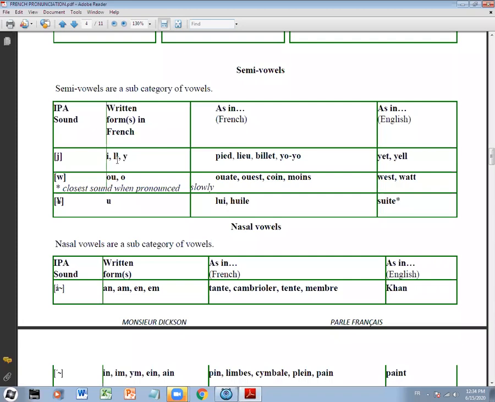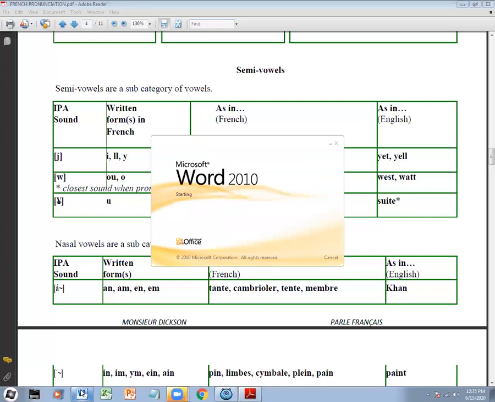So we say Pierre, D is silent. We say Leo. EU, remember earlier on we say EU is letter O, so we say Leo, that is a place. Then this word here, double L becomes Y, so we say BA. Okay, we say BA. Allow me to open a word.